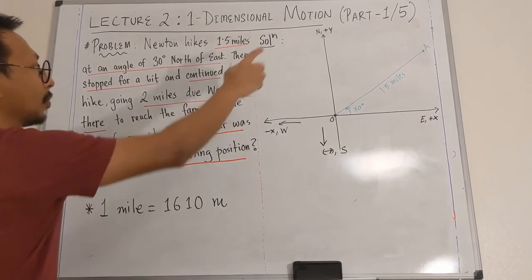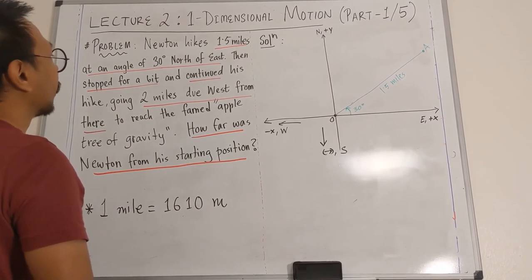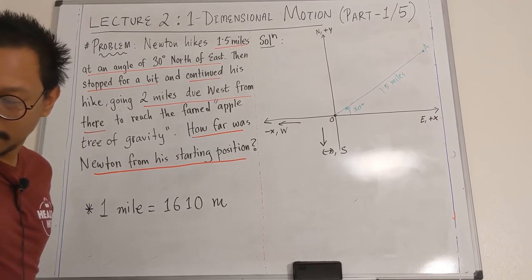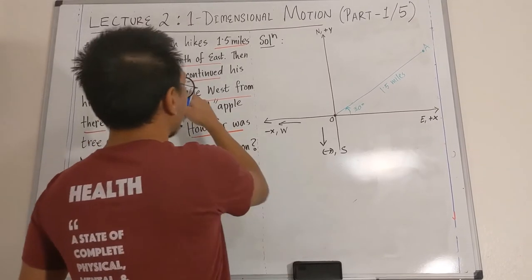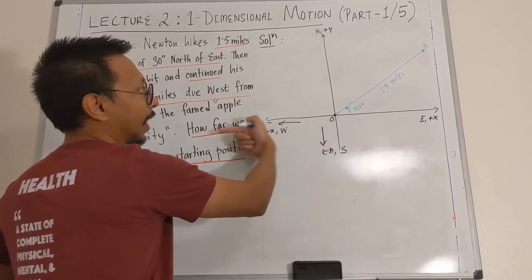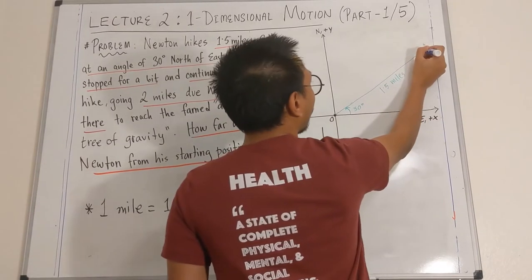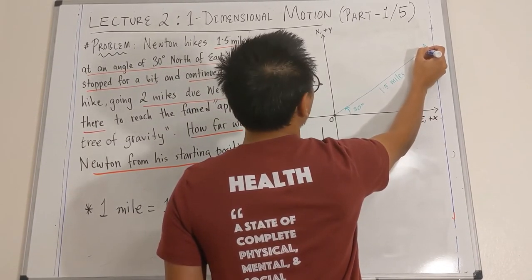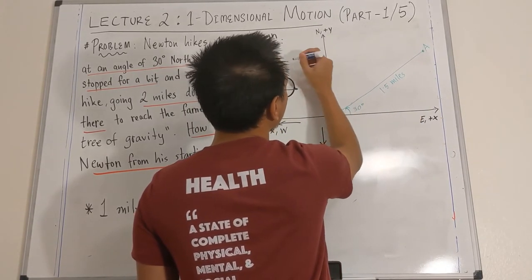Then what? Then he stops at A for a bit, right? He stops for a bit and continues his hike, going 2 miles due west from there. So from A he moves 2 miles due west. So west is in this direction, so in the negative x direction or leftward direction. So from A he moves a total distance of 2 miles in the westward direction.